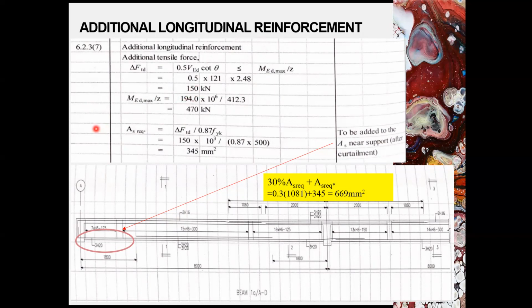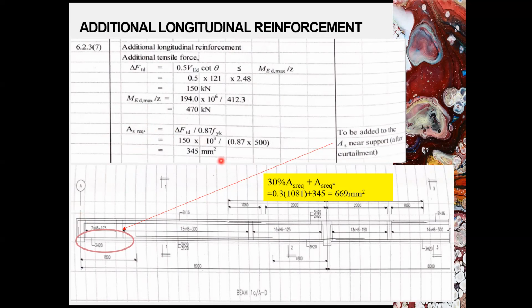Then the additional longitudinal reinforcement as required, Asr, can be obtained from this equation. So now you have obtained the As required, the additional longitudinal reinforcement. You need to add to the As that required in your flexural design.